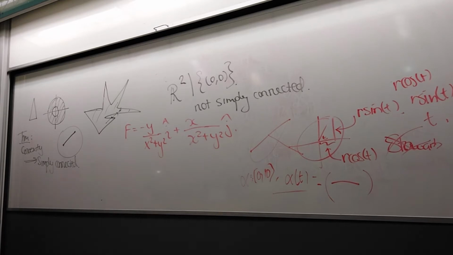Simply connectedness is always by taking a circle, in other words, an elastic band, onto your surface. If you want to take a sphere onto your surface, that's called two-connectedness, and these lead to what are called higher homotopy groups. That's not the subject of this course. But it is one of the biggest unsolved problems to understand the homotopy groups of spheres. So I'll leave that as a homework. So let me know if you figure it out.